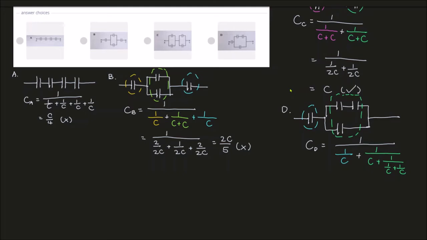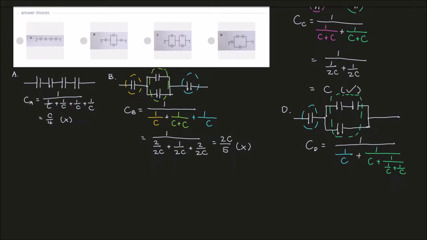So 1 over 1 over C plus 1 over C here, you're actually finding the combined capacitance over here. Then you sum them up with this branch of the capacitance, in order to find the combined capacitance across these three capacitors. Then after that, you sum them in series again using this 1 over thing, with this blue capacitor over here.